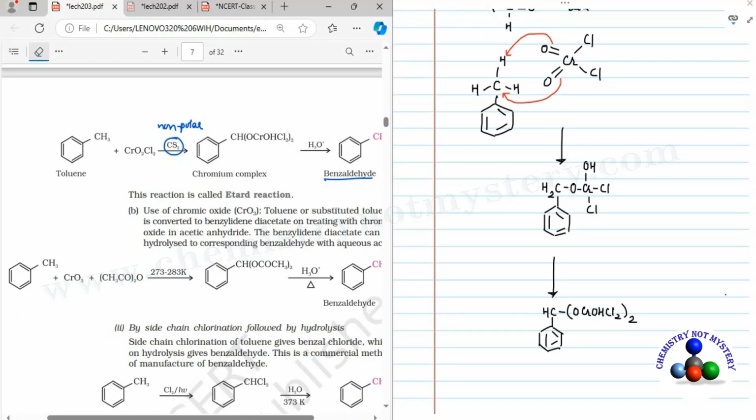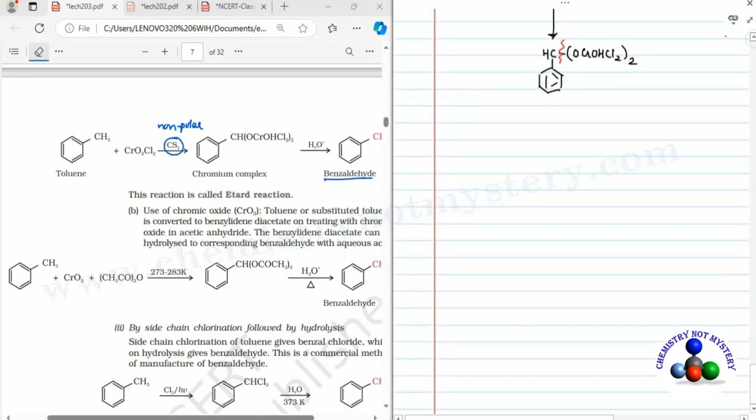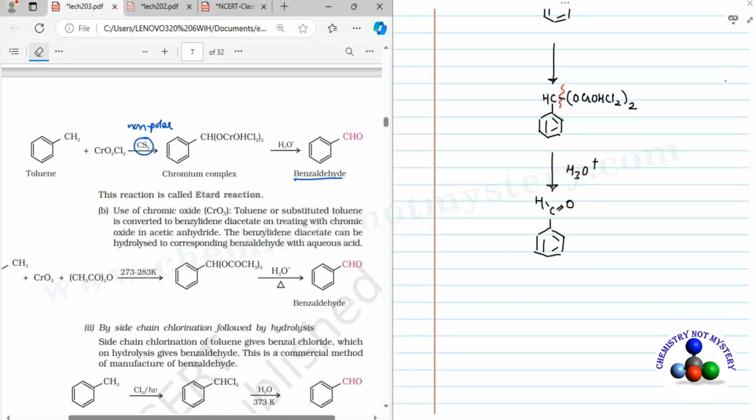When it undergoes hydrolysis, this bond will break and it results in the formation of benzaldehyde. So after the hydrolysis, H3O+, here you will get benzaldehyde. This is CH double bond O. That's how by the reaction of chromyl chloride and toluene you will get benzaldehyde.